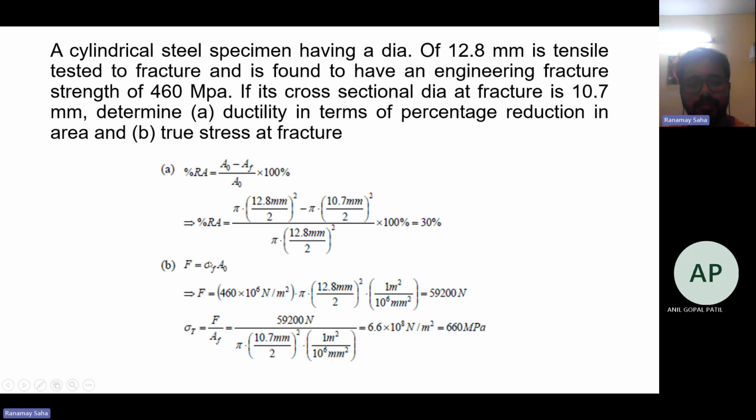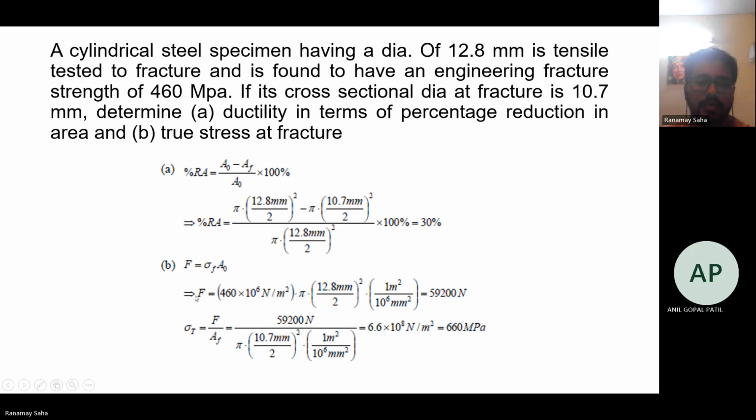The actual way to solve, other than this, is that the force always remains constant throughout the tensile testing, right? Force can be found from the area. Sigma F is the fracture stress and A naught is the area at the start of the deformation or tensile testing process.